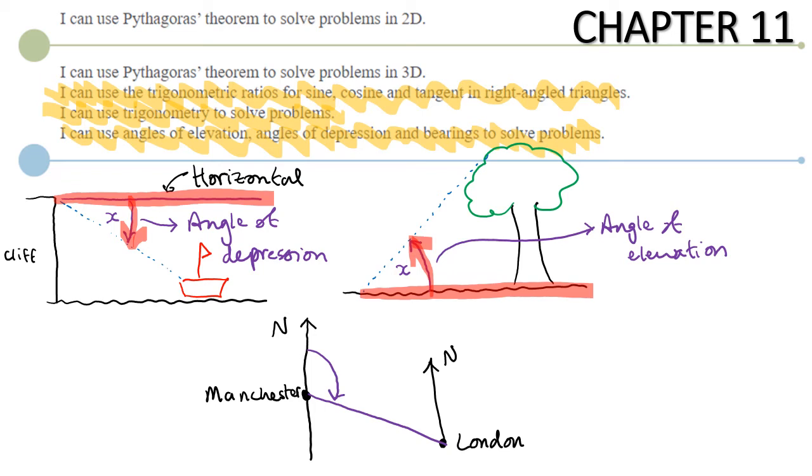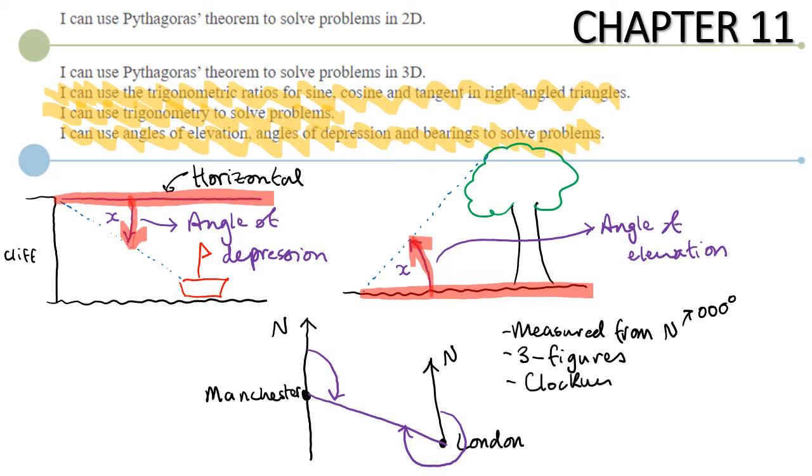Okay, that angle there, or the bearing that takes me from London to Manchester would be this one. So bearings, we've done this already. Measured from the north, which would be 000 degrees. So that tells us that they're measured in 3 figures. We use 3 digits for the bearing, and it's measured from the north in a clockwise direction. So you may be asked about angles of depression, elevation, or bearings where you're using trigonometry.